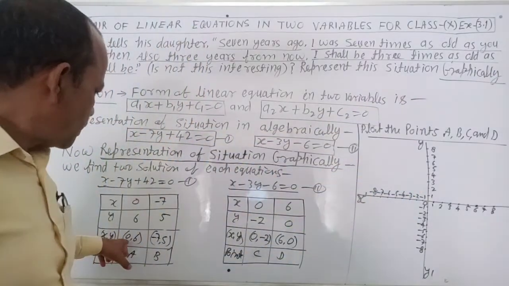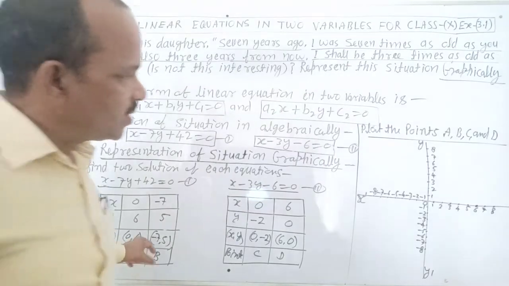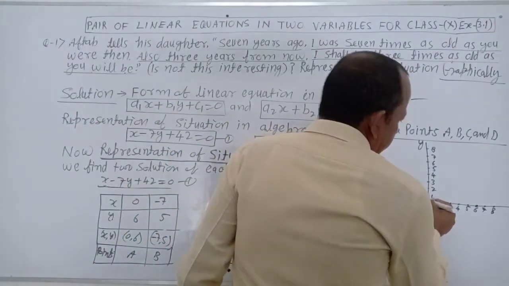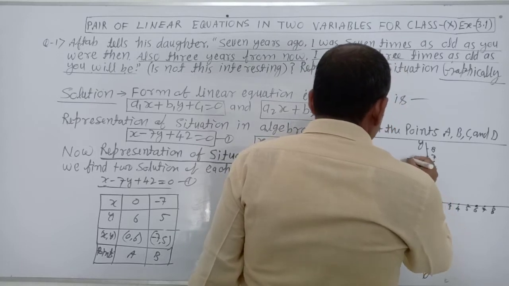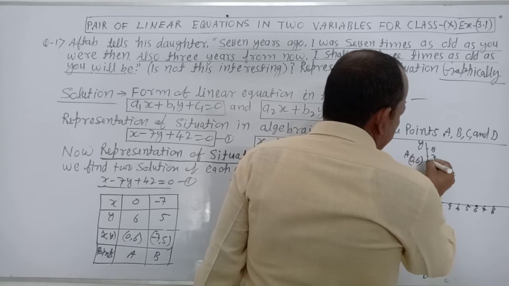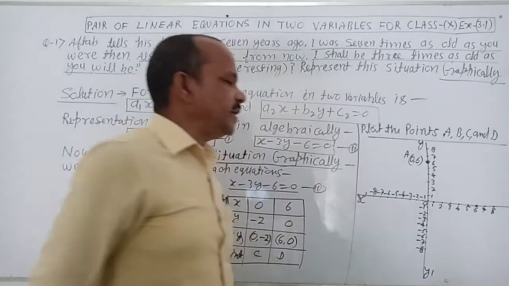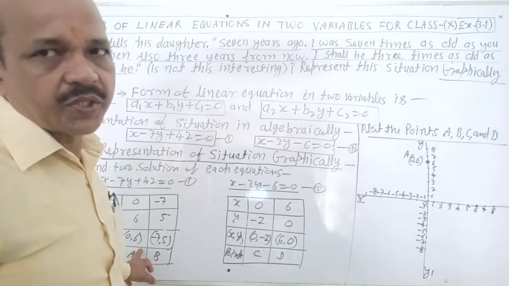It is for x axis, it is for y axis. So 0 here and 6 here. It means the coordinate of point A is 0 and 6 here.